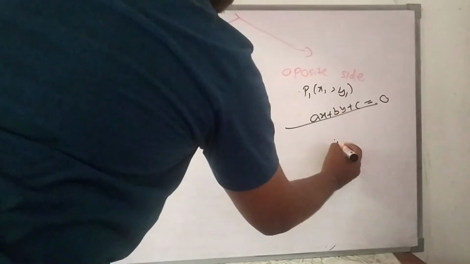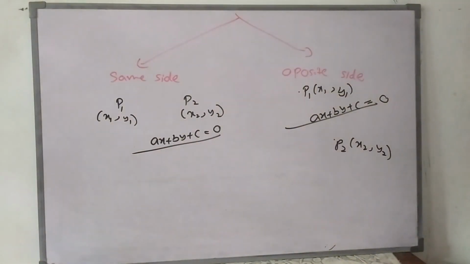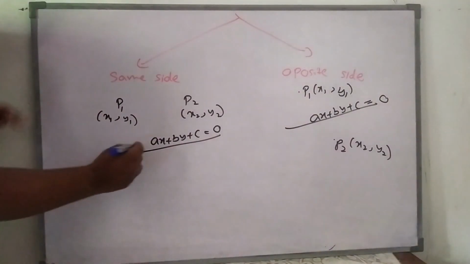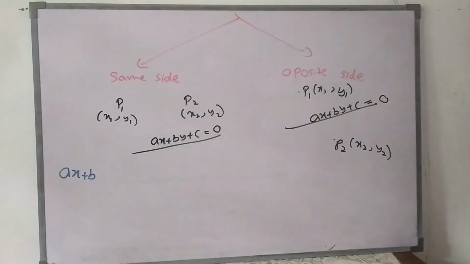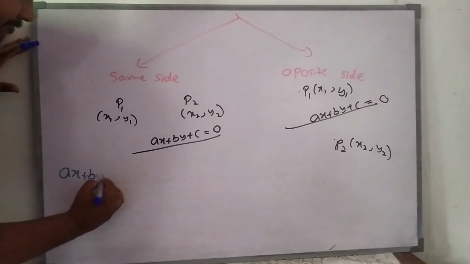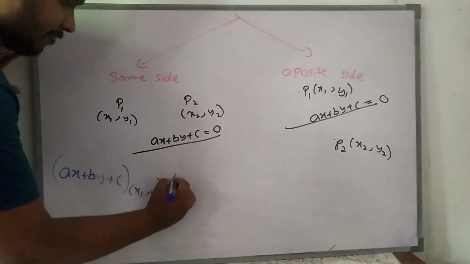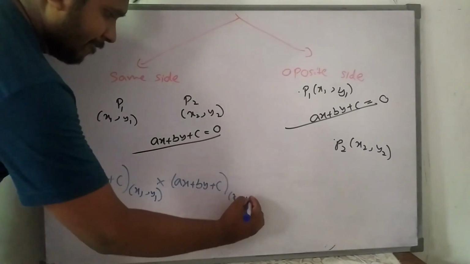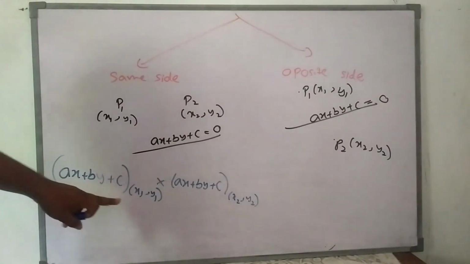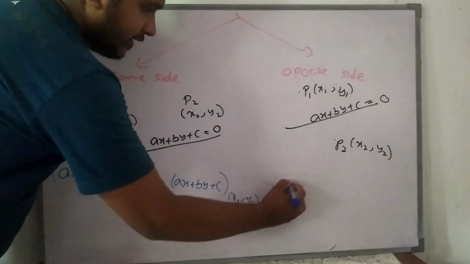P1 (x1, y1), P2 (x2, y2), right? So you just substitute the points into the line. I'm just substituting the coordinates into the straight line and the product should be greater than 0.